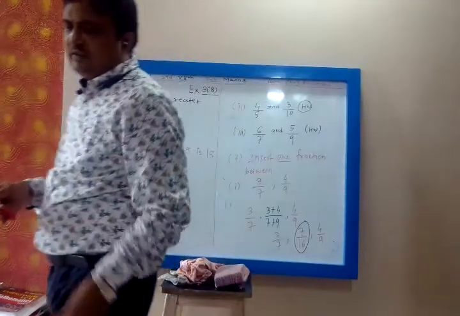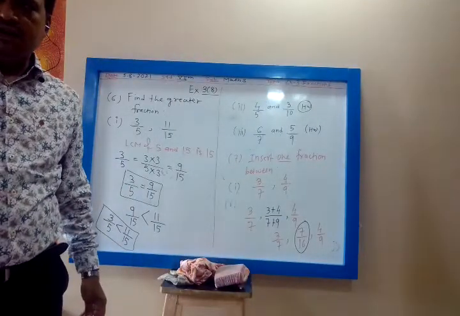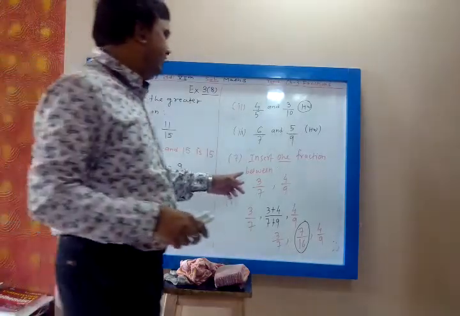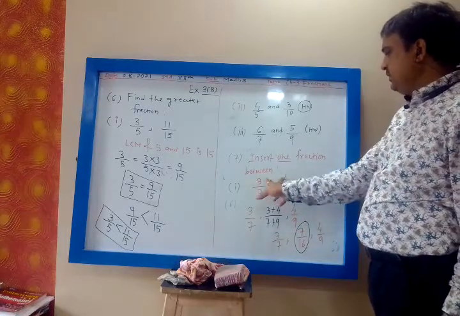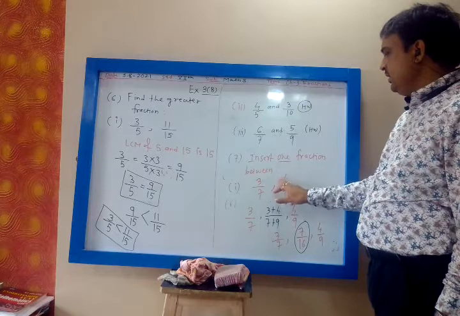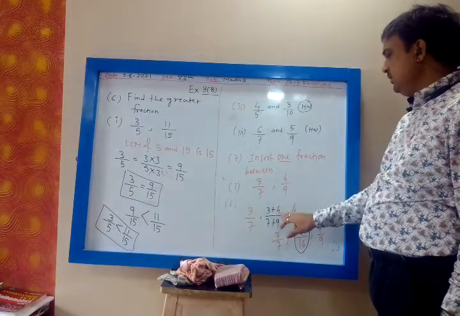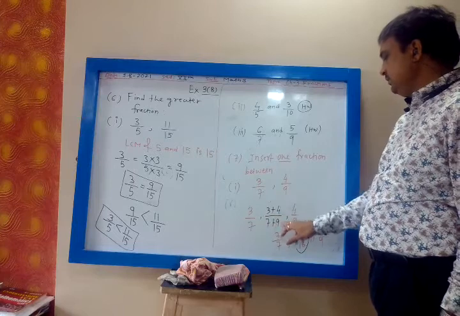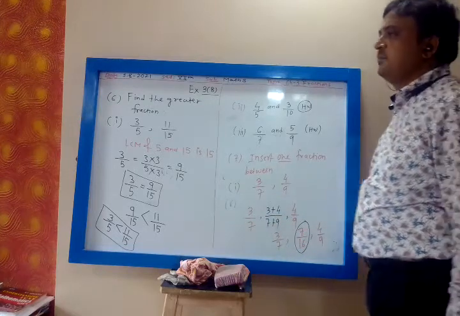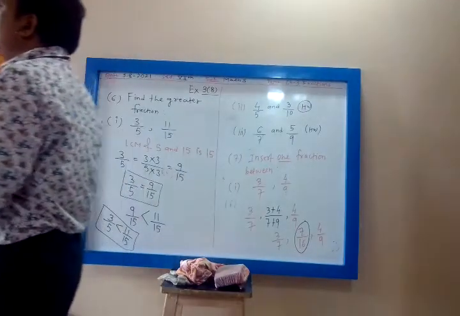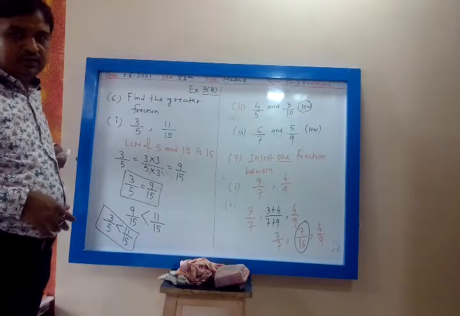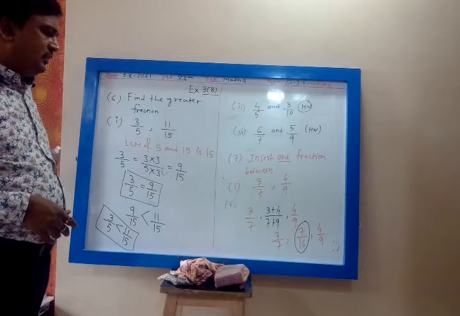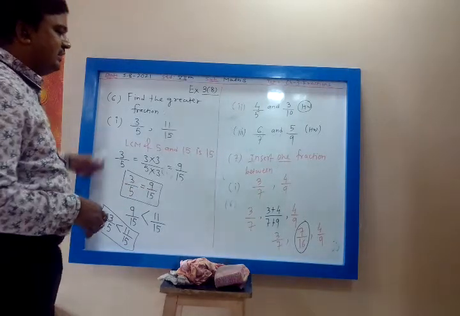So how will you insert one fraction between two fractions? I will add numerator to numerator, denominator to denominator. So 3 plus 4 upon 7 plus 9. 3 plus 4 is 7, 7 upon 16. So 7 upon 16 is the answer.